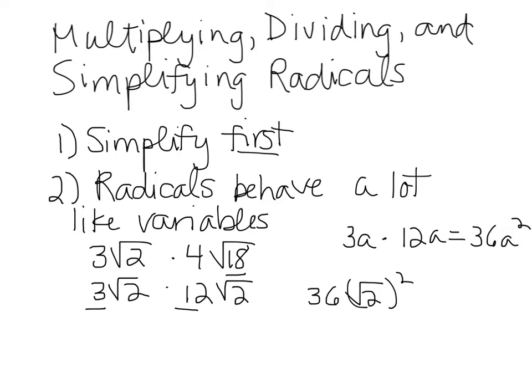And here's another thing to remember: if I take the square root of 2 squared, it equals 2, because rooting 2 and squaring it undoes the root. So this equals 36 times 2, or 72.